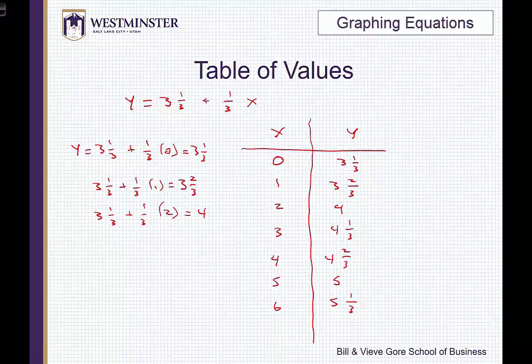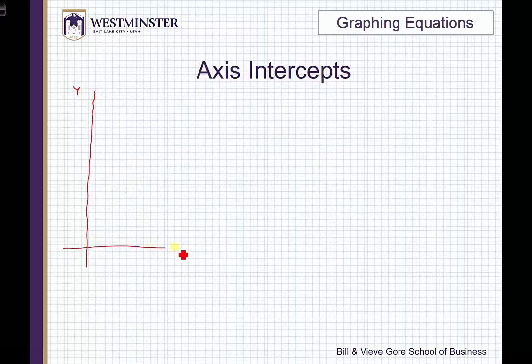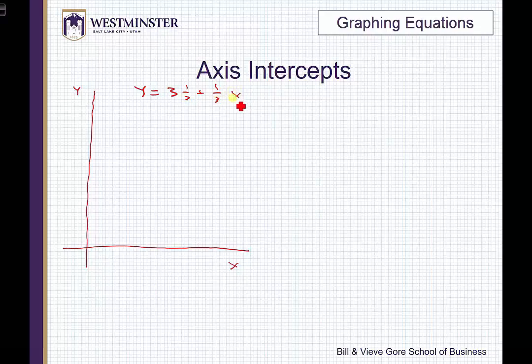Well, how do we look at that in terms of our graph? Well, to do that, we actually could simply create our Cartesian coordinate, positive space with y and x. And I said that this is y equals 3 1/3 plus 1/3 of x.